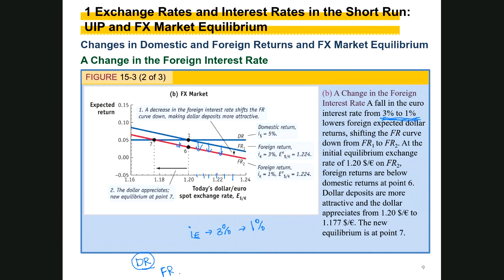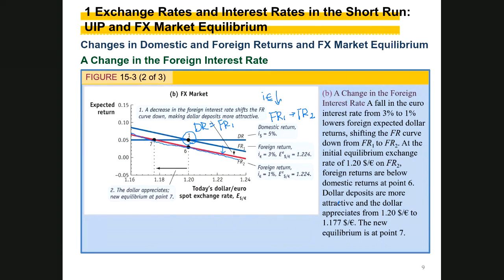Originally, the equilibrium is at 0.1, where DR is equal to FR1. Now, since the shock comes in, the interest rate on the foreign assets decreases. My foreign return curve moves from FR1 to FR2, so FR2 shifts down.